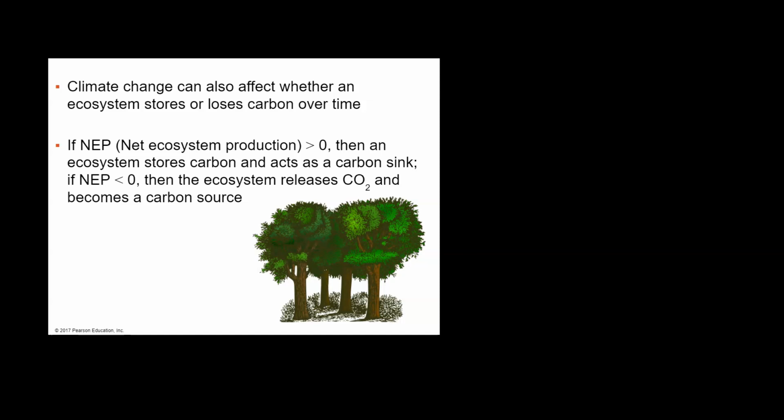For example, if you have deforestation occurring, then you're going to have fewer organisms going through photosynthesis, fixing carbon dioxide and storing it within the mass and then putting it into that food chain. So if you are, for example, again, in the process of wiping out a forest through deforestation, then you may in turn be taking that ecosystem from a sink into a source.